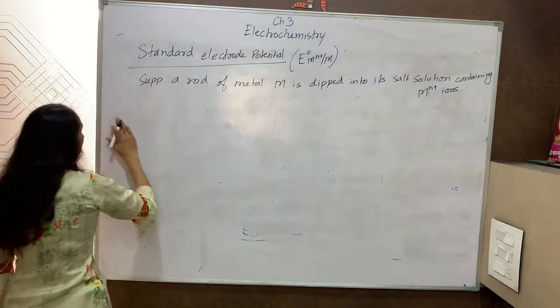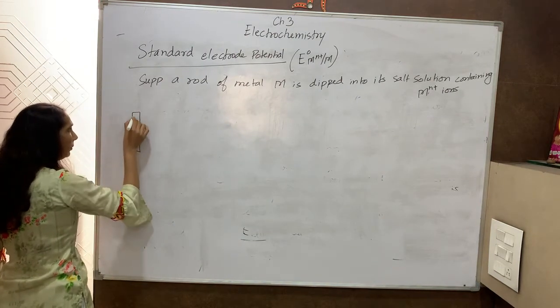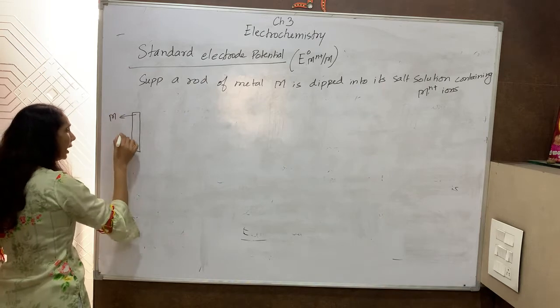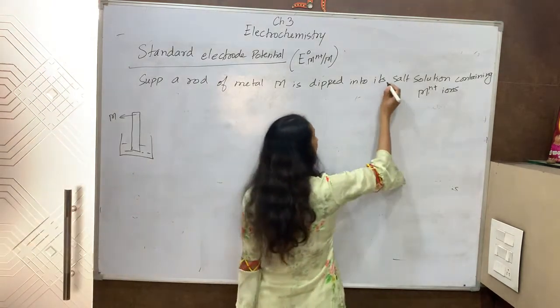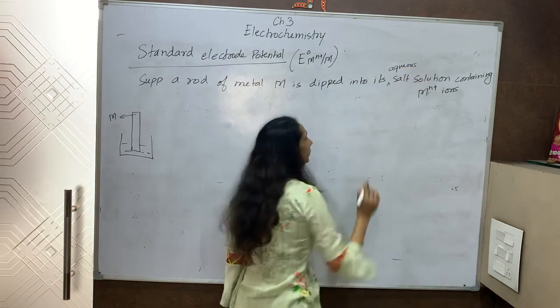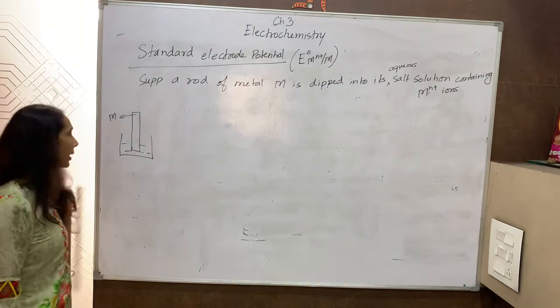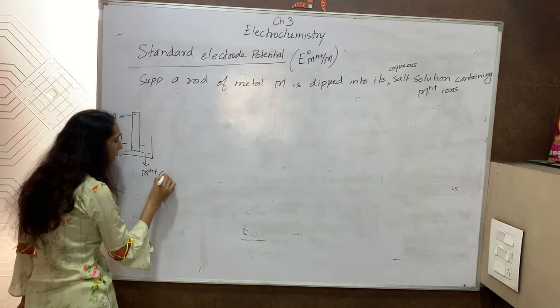Right? Let us just see. I consider this is a rod of metal M dipped in the salt solution, and in fact we can write dipped into its aqueous salt solution containing Mn+ ions. So this is the aqueous solution containing Mn+ ions.